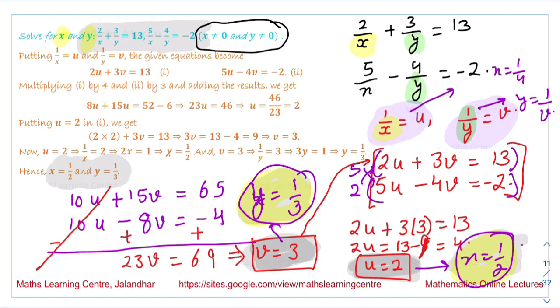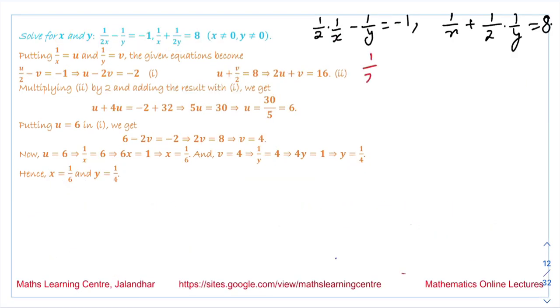Now the next question that we have is 1 by 2x minus 1 by y equal to minus 1 and 1 by x plus 1 by 2y equal to 8. So again, these are not linear equations in x and y. So what we are going to do is substitute 1 by x is equal to u and 1 by y is equal to v.